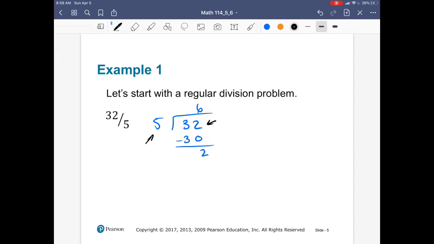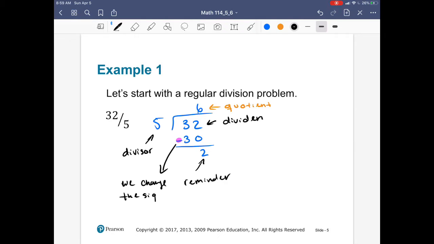Divisor, dividend, quotient, remainder, and this guy right there. Notice we change the sign to subtract. Okay.